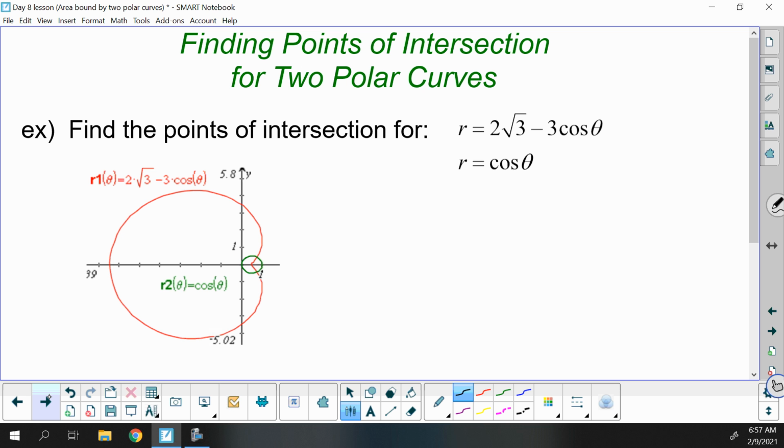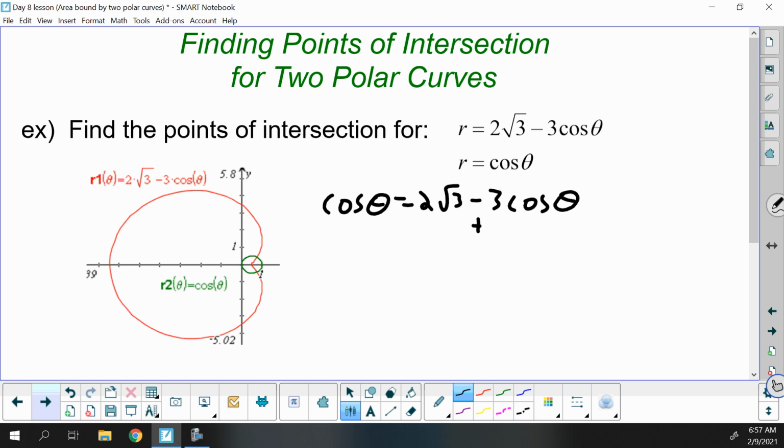All right, so we're going to be on the day 8 notes in the notes packet. So first thing we want to do is find the intersection of two polar curves. So let's set them equal to each other. So we'll have cos theta equals 2 radical 3 minus 3 cos theta.